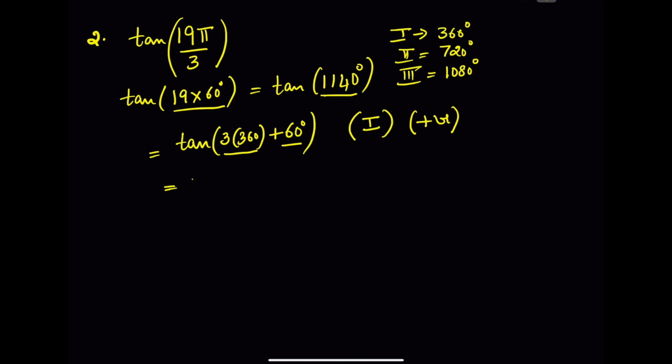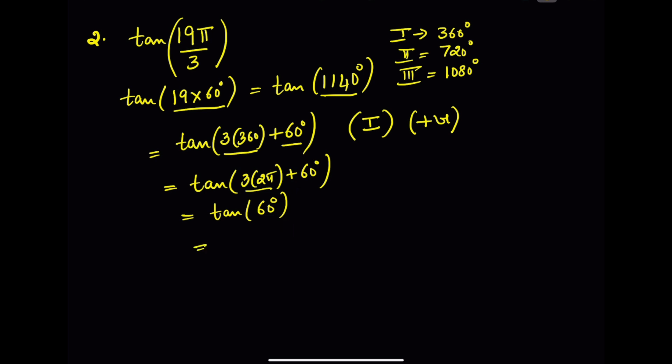Now, we can write this as tan of 3 times 2 pi plus 60 degrees or pi by 3. So this is nothing but tan of 60 degrees because we only have to find the value of 60 degrees because the entire 3 rotations can be ignored.